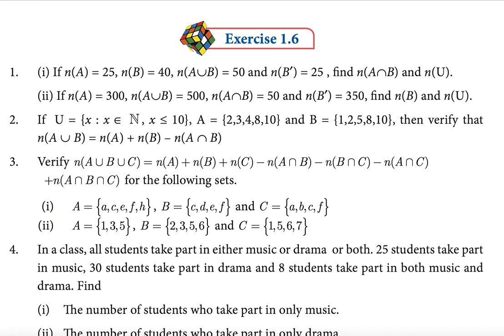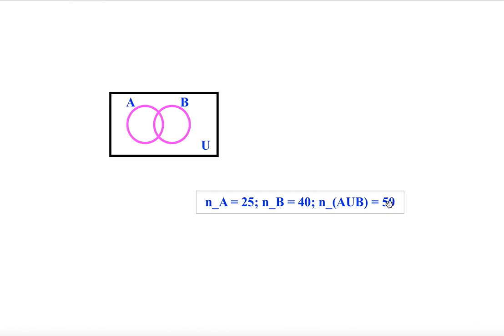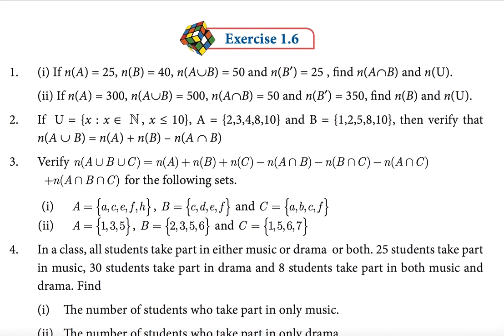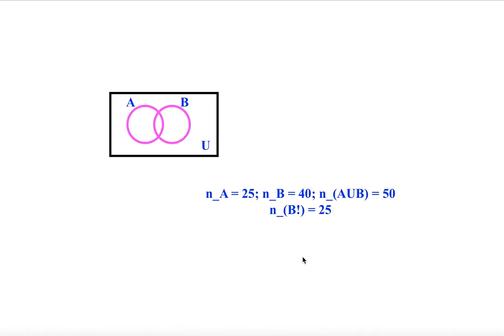Okay, n of B dash is also 25. B dash, I'm writing it like this, that is B dash 25. Yes, 25. Find n of U. Now you need to find n of U.